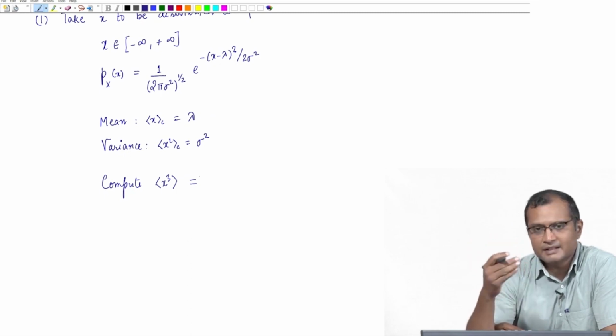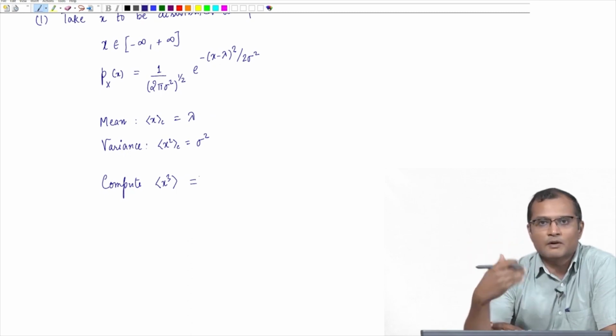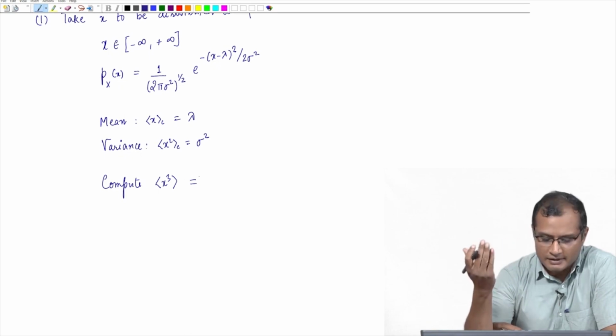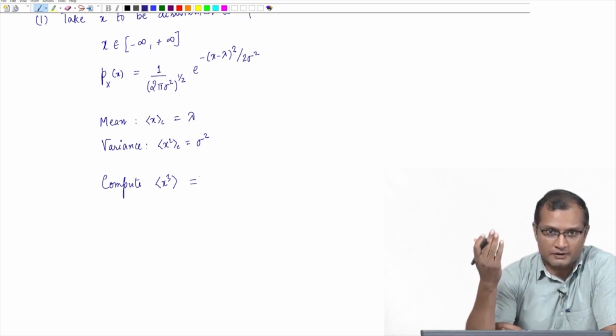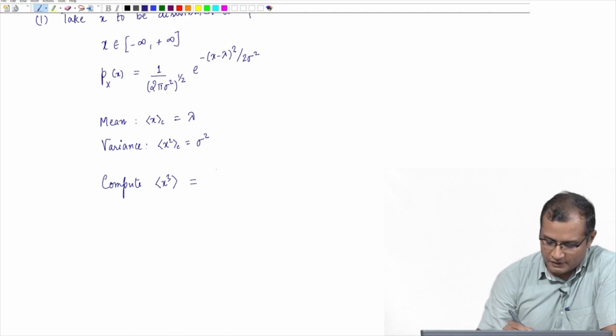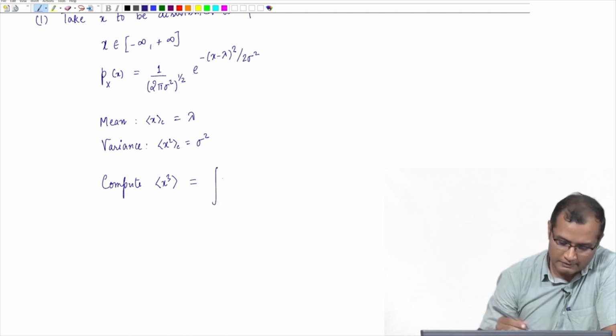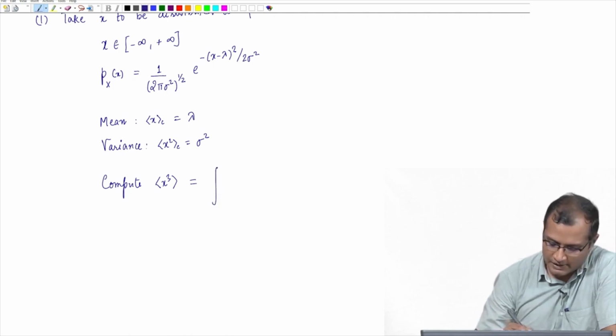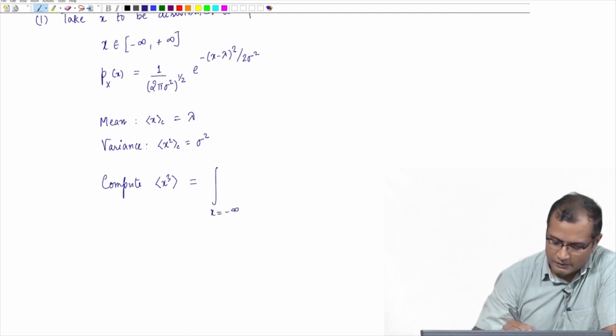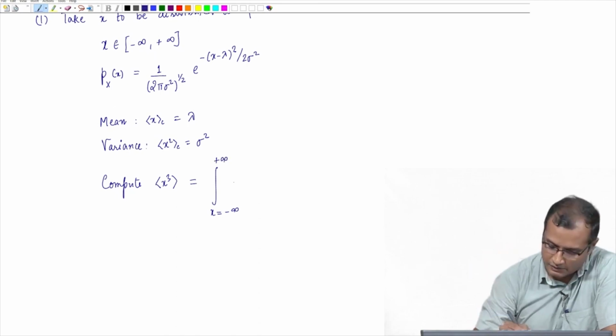So, I will list them in descending order of effort. The first method, which takes more time, is to simply sample x cube in this distribution. I will take the distribution from minus infinity to plus infinity and sample x cube in it.